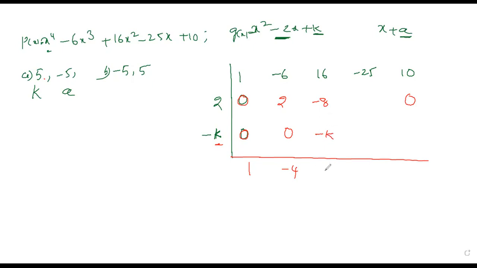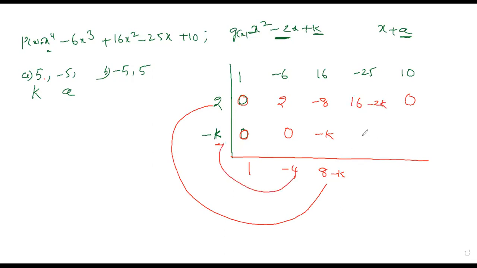That means 8 minus k you will get. This into this we have to multiply now. That will become 16 minus 2k and this plus 4k. That means this is plus 2k, and 16 minus 9 is 9, minus 9.